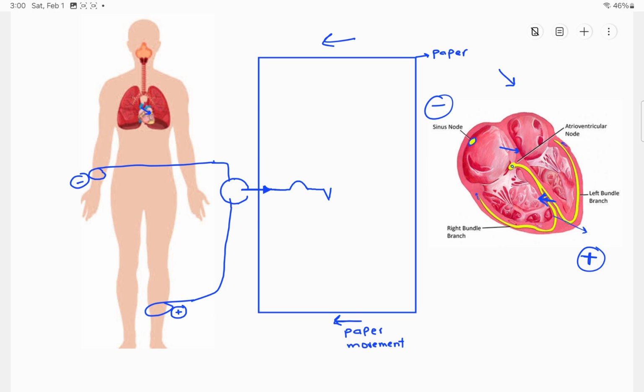Now after this depolarization, the vector for the depolarization of the ventricle was a big, strong vector moving downward and leftward. We have also attached the electrode on this side, so it is moving towards the positive electrode, so the deflection is towards the positive.